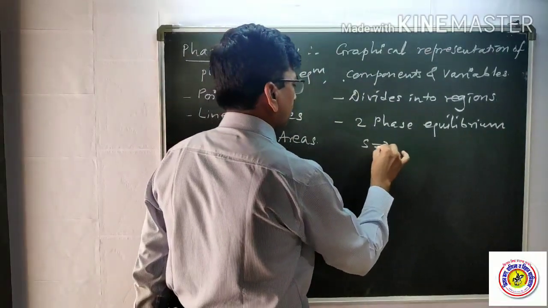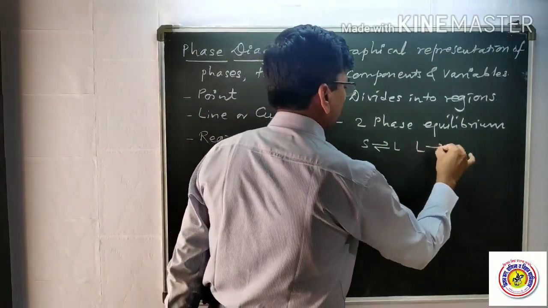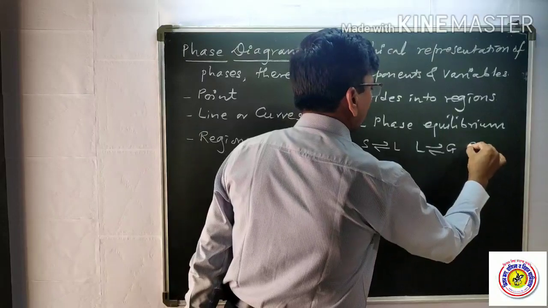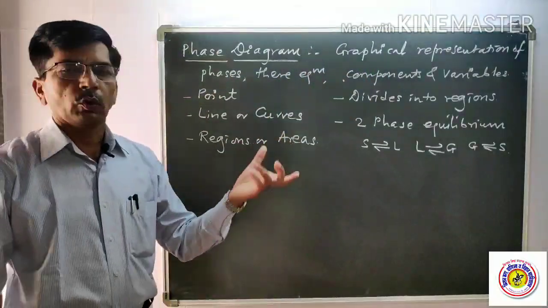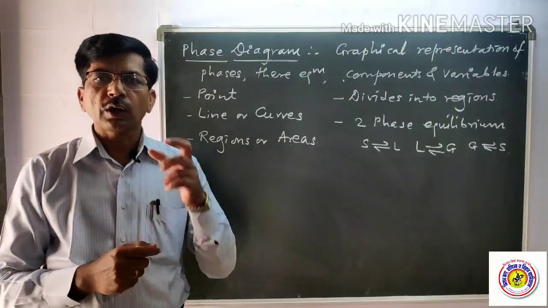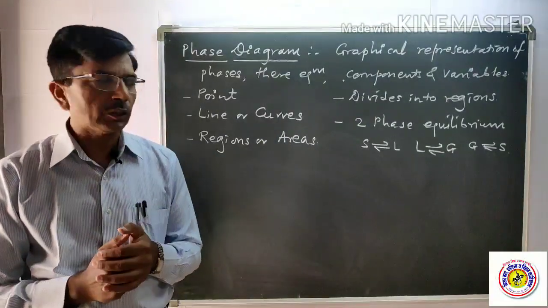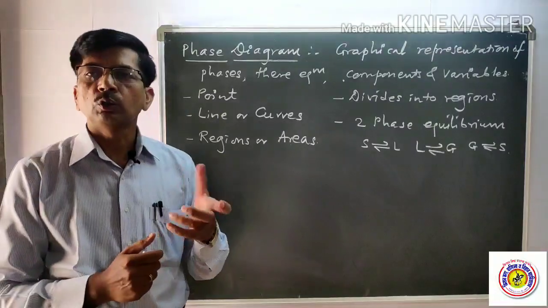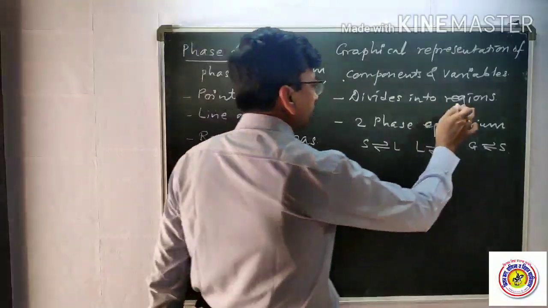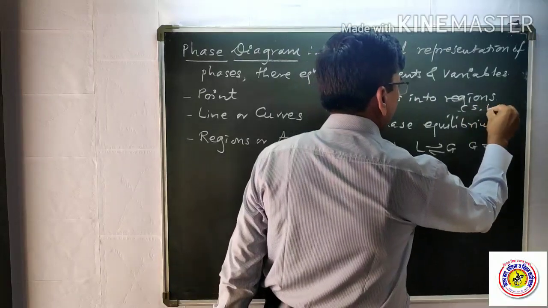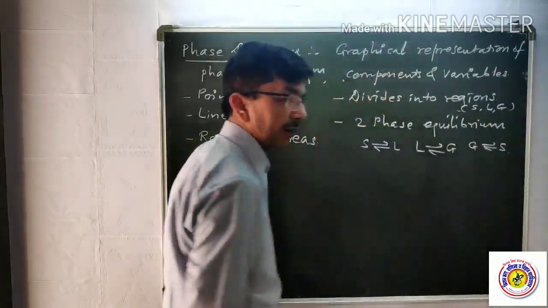That may be solid-liquid, liquid-gas or gas-solid. So whenever any point falls on the line or curve, two phases are there, while in the case of the point, three phase equilibrium is there, that is solid, liquid and gas.